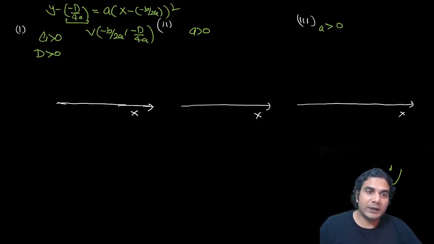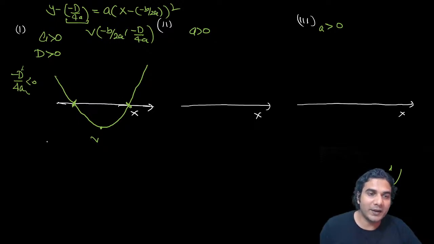So when d is positive, a is positive, minus d by 4a. What will be this? Positive or negative? This is positive, and minus sign is there, so this will be negative. That means point vertex is below the x-axis and graph will be like this. So graph will cut the x-axis at 2 points, and where this cuts the x-axis at that point, y is 0, y coordinate is 0.